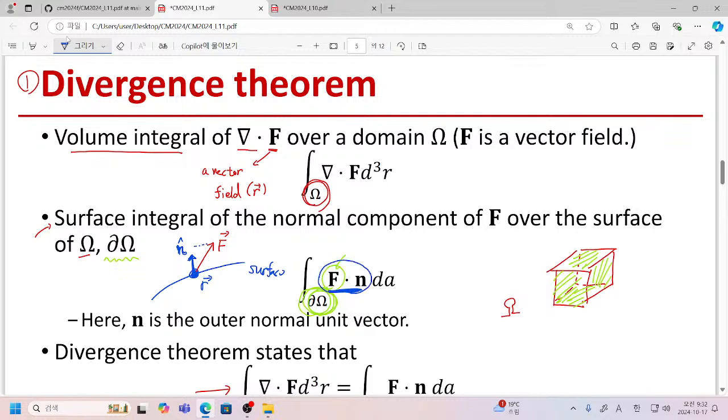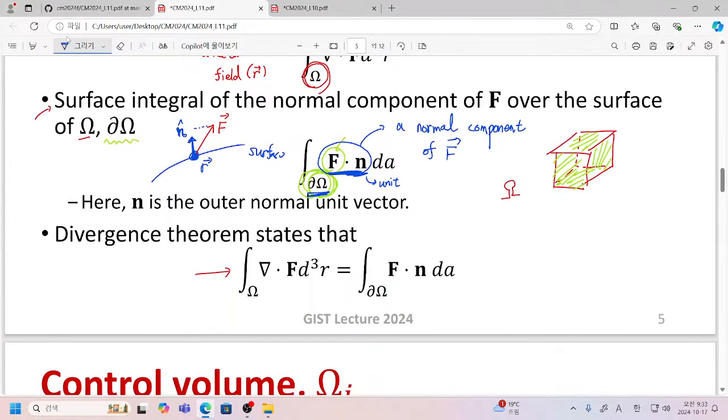Simply speaking, since n is a unit vector, it does not change the magnitude, and taking this inner product gives us the normal component of F. Then this normal component of the vector field F is integrated over the surface area around omega, and the divergence theorem states that these two quantities, the left hand side volume integral and the right hand side surface integral, are identical. So that is the divergence theorem.